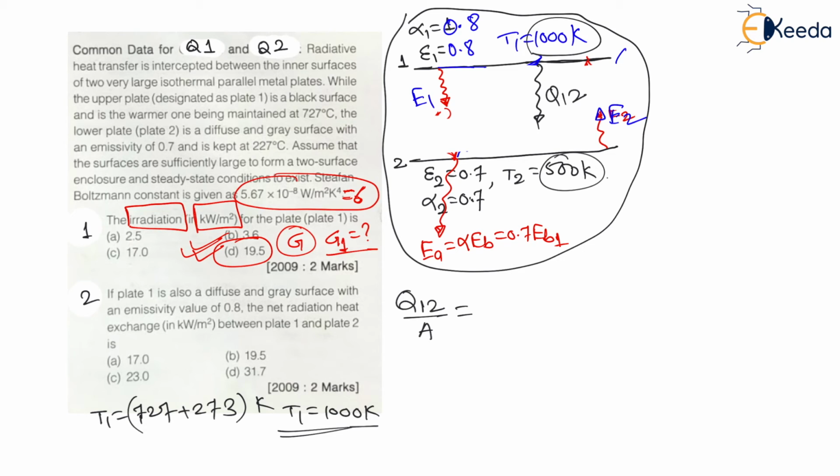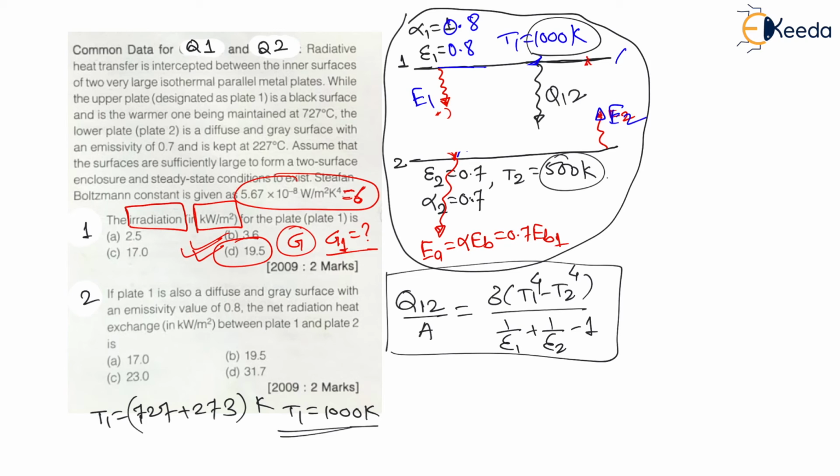So instead of wasting time, directly I am going to write the formula: sigma times T1 power 4 minus T2 power 4, divided by 1 upon emissivity 1 plus 1 upon emissivity 2 minus 1. This is the simplified formula for infinitely long parallel plates only, right? This is heat transfer per unit area, in watt per meter square.